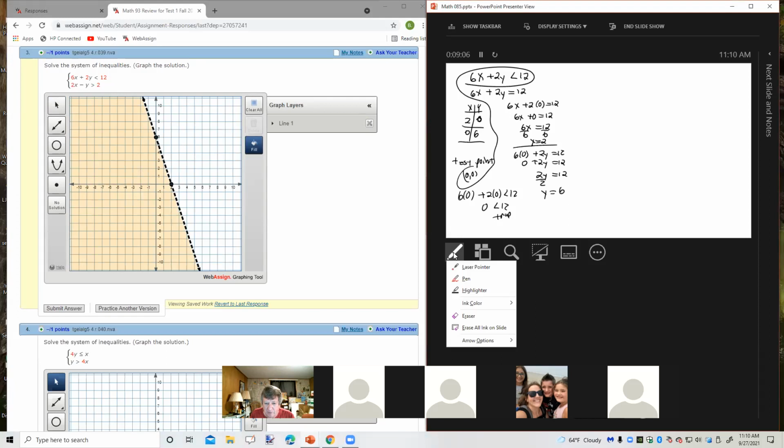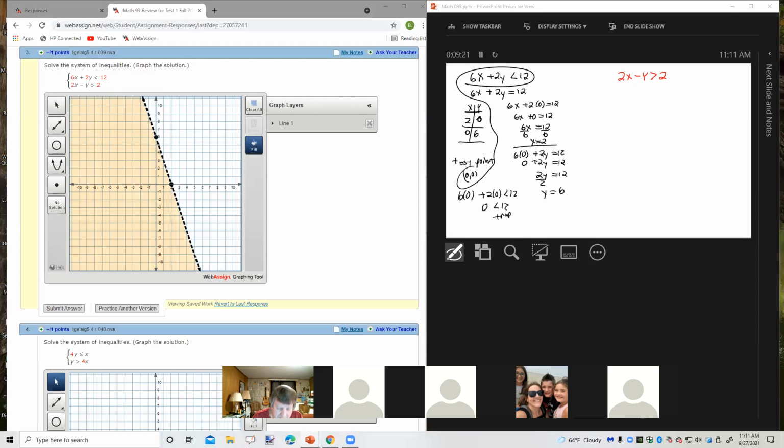So we're going to come back over here and we'll do one in red. And that is 2x minus y greater than 2. So once again, I'm going to look at the related equation, and I'm going to find two ordered pairs.